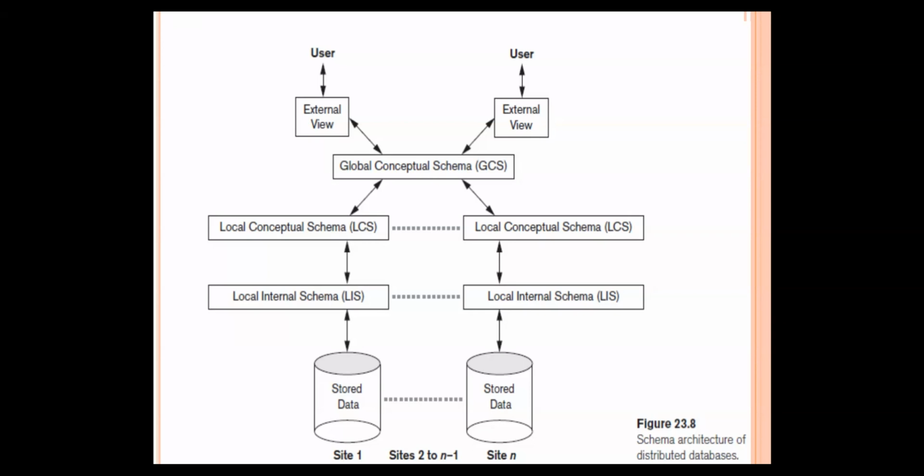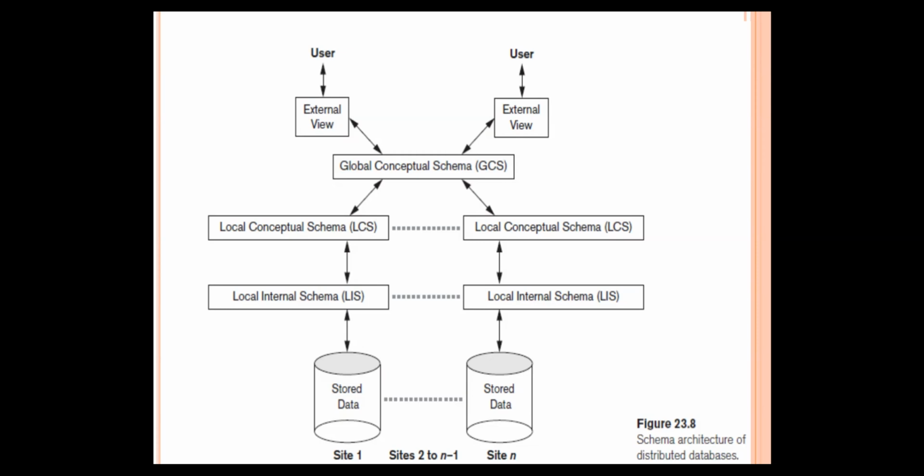All those things will be checked by the global conceptual schema, because it is the conceptual schema for the entire system. Say I am using a Maharashtra Bank card, then it will check with the Maharashtra Bank databases. Say I am using an SBI ATM machine, but my card belongs to Maharashtra Bank. If it is Visa enabled, I can do the transaction in any ATM machine.